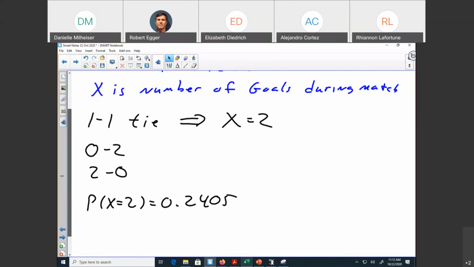So a 24% chance, or 0.24 probability that 2 scores will be done on any given match. That's probably the best you can say: the highest chance of getting a 1-1 tie is about 24%. But it could also be 0-2, it could also be 2-0, because there's 3 ways to get X equals 2.